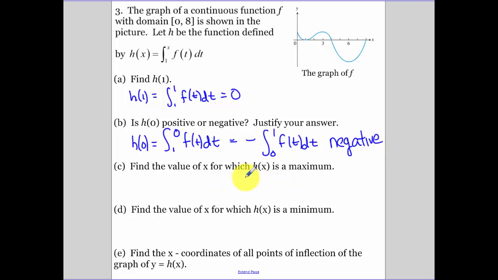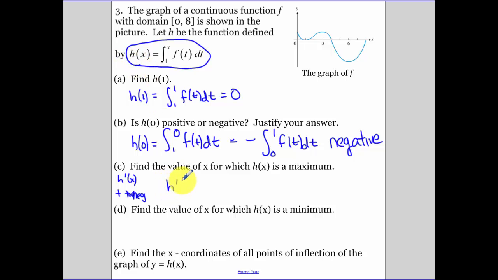Okay, for what values of x does h of x have a maximum? So remember, h of x has a maximum when h prime of x changes from positive to negative. We change from increasing to decreasing. So what is h prime of this function?